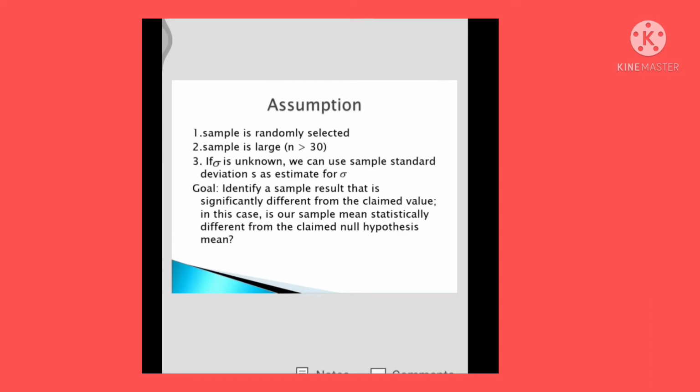The goal is to identify a sample result that is significantly different from the claimed value. In this case, is our sample mean statistically different from the claimed null hypothesis mean.